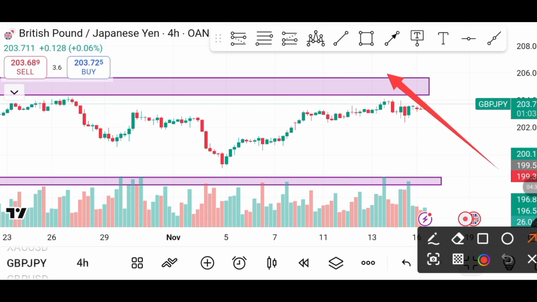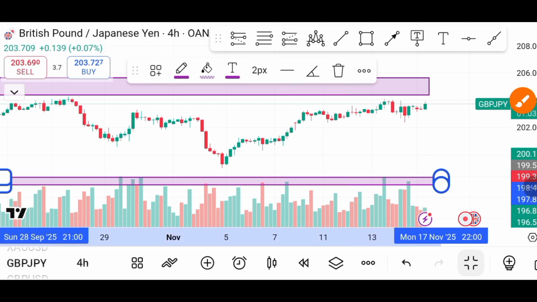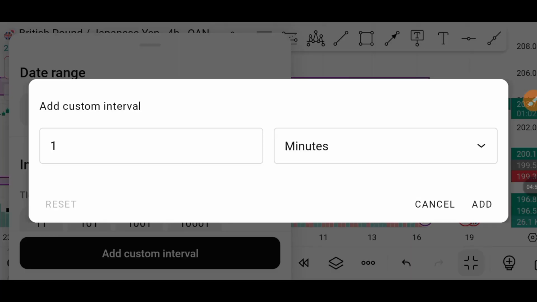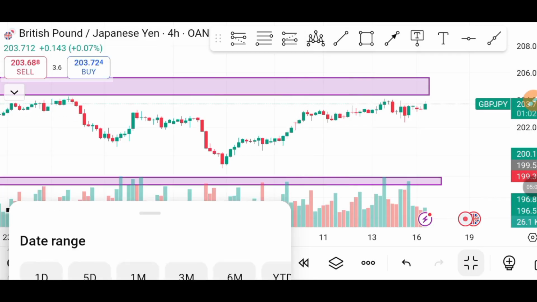If price breaks through it, then price will keep going bullish. Else, if price retraces back, it's probably going to tap into this order block and respect it. So it's either price breaking through it, or price coming down to respect this order block, or also breaking through it. So we get to see if this week these key levels will be respected. But then we scale down to the 1 hour time frame.